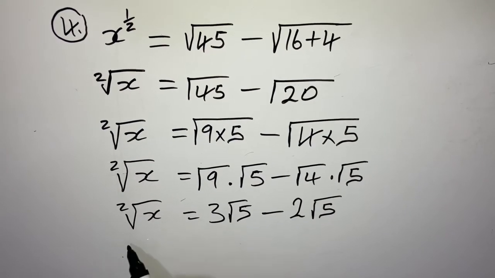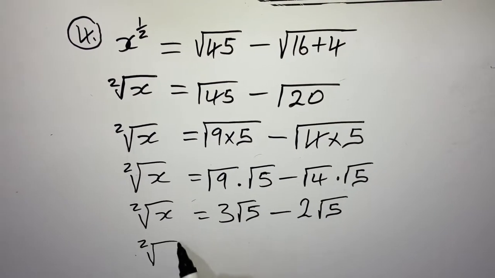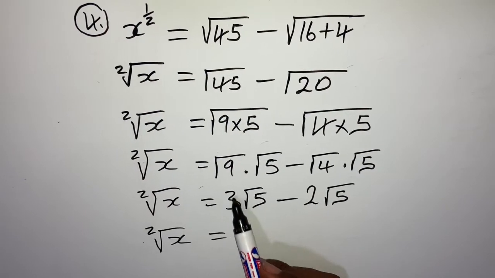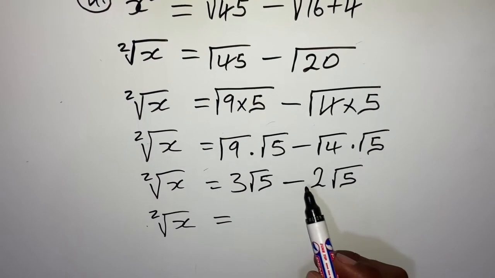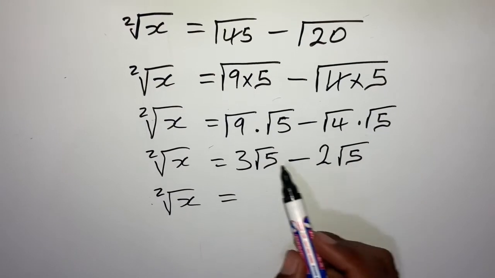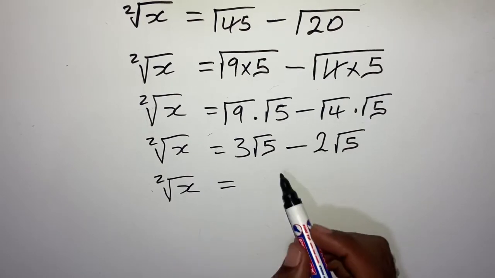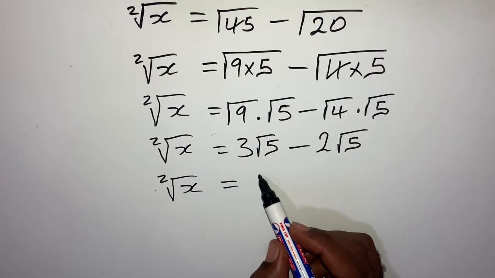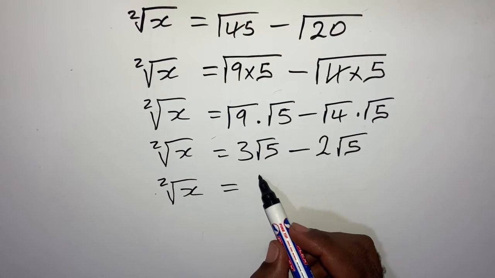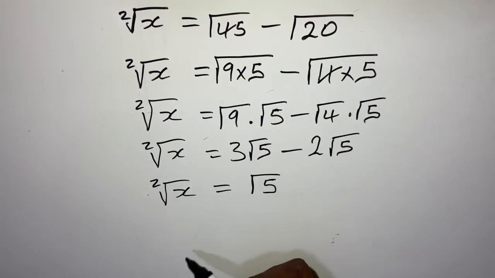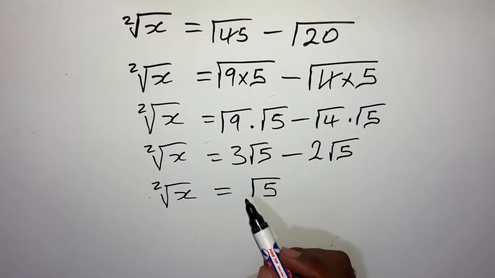Then I am seeing that I have like terms. 3 root of 5 minus 2 root of 5. These are like terms. It's a 3 minus a 2. I get a 1, which you can just write as your root of 5, 1 root of 5 with an invisible 1.